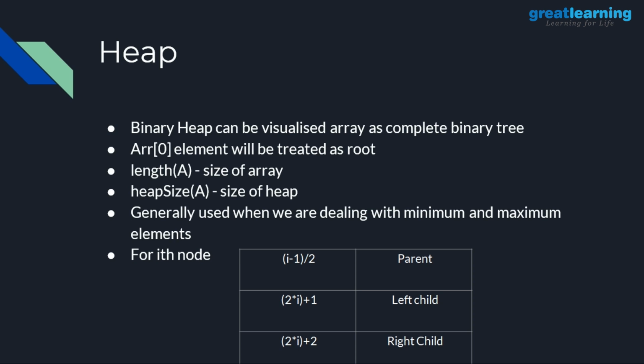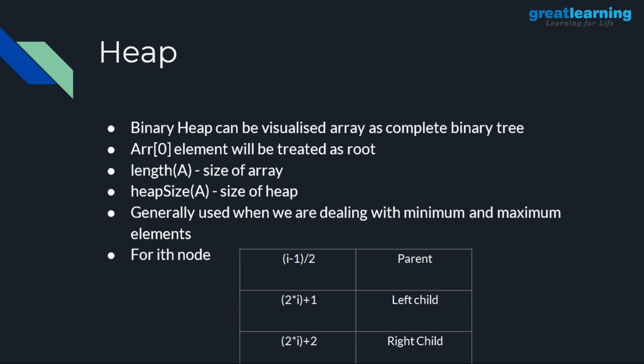Okay, so what is written in this chart? The parent is (i minus 1) divided by 2. What does this mean? When we represent our nodes in the form of an array, if we talk about any particular index, for example the third element, which elements are going to be its left child and which is going to be its right child? How are we going to find it out?